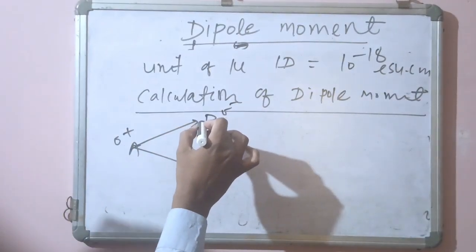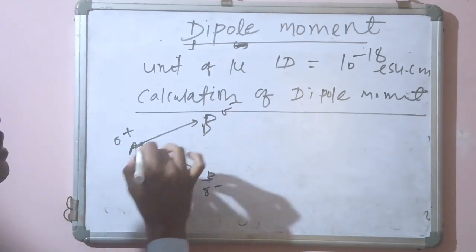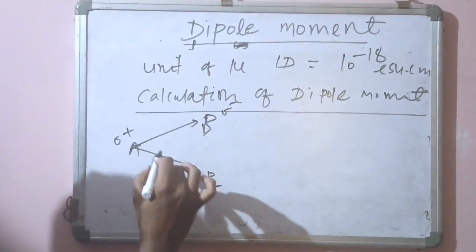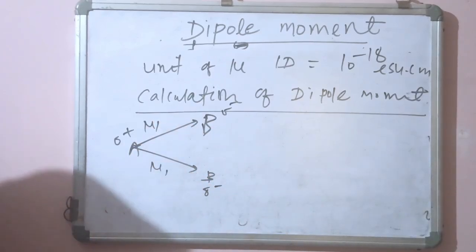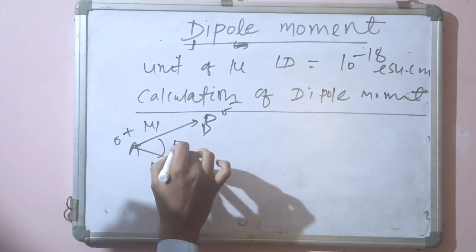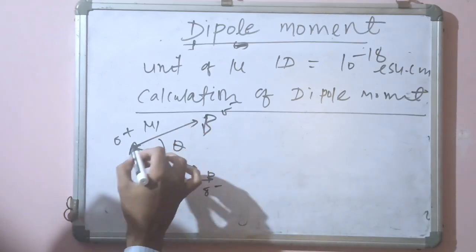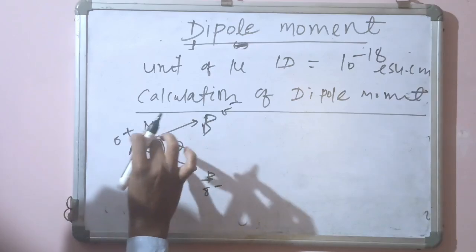B is more electronegative, hence B carries delta minus and A carries delta plus. These are two polar bonds, AB and AB. Let this dipole be mu1, this is also mu1, and let this be mu2. Theta is the angle between these two bond dipoles.